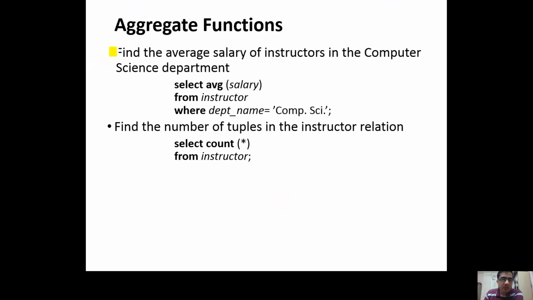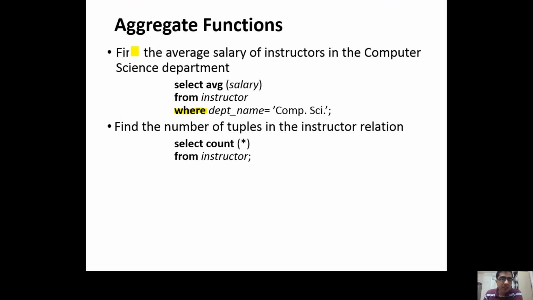Now, to find the average salary of instructors in a specific department, we need to use a where clause, which is allowed. In our next slides, we are going to see group by functions, and when we can use the where clause along with group by, and when we cannot.